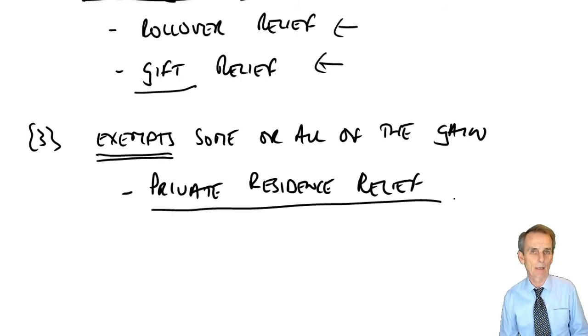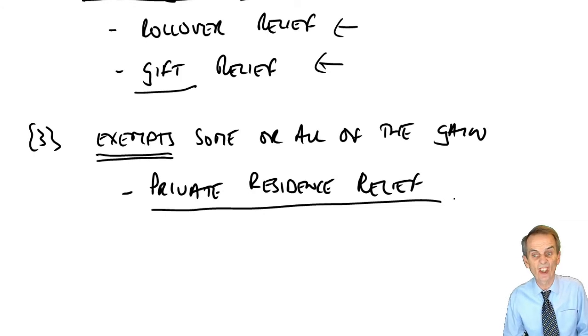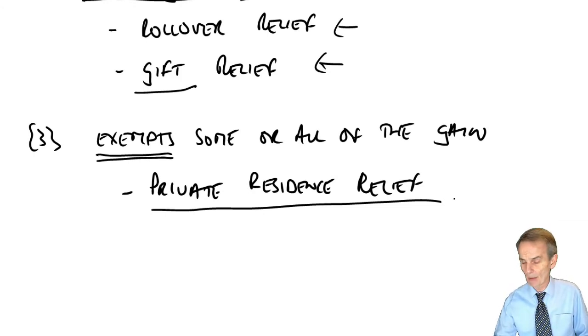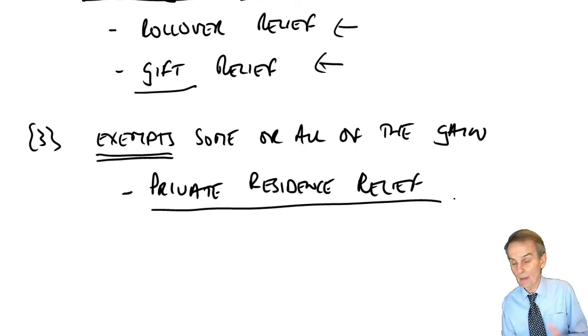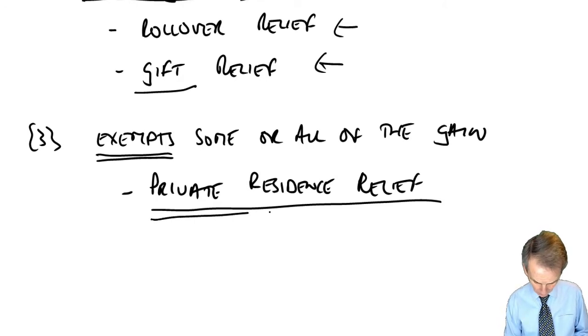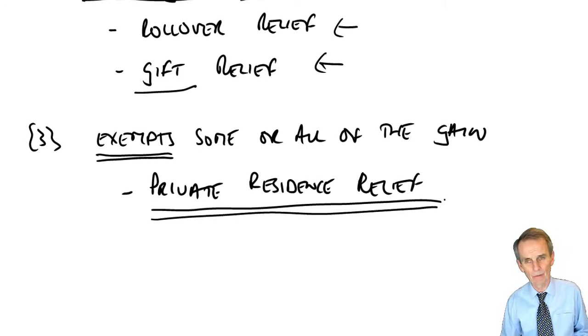Now, millions of taxpayers, probably millions, each year dispose of their homes. They sell it, they buy another one. Or maybe they trade down, whatever. But it doesn't matter, because if that is their private main residence and it qualifies in full for private residence relief, then that gain will be exempt.